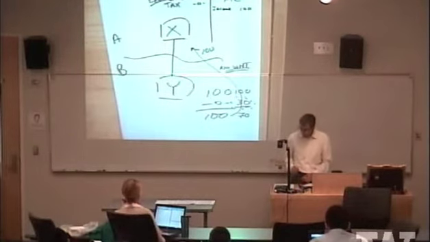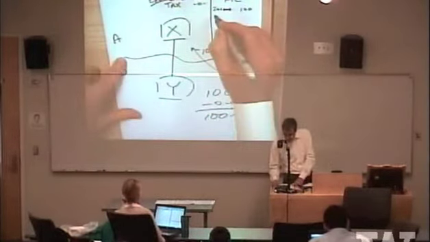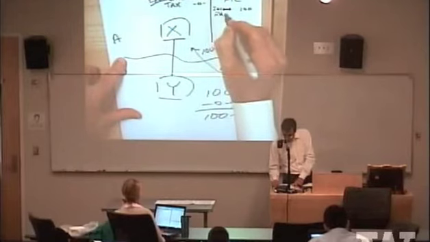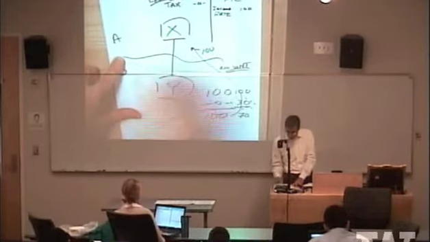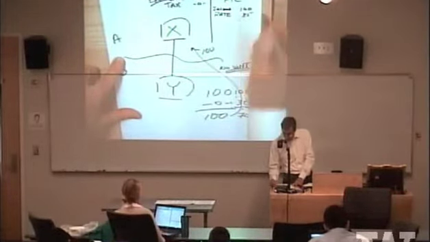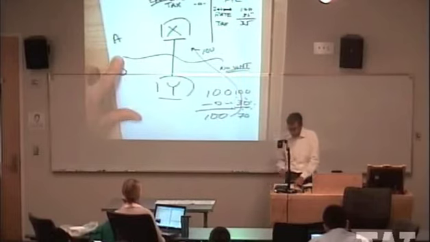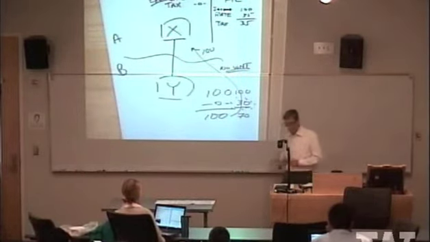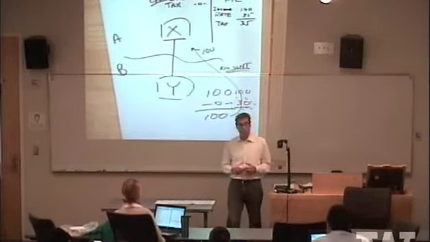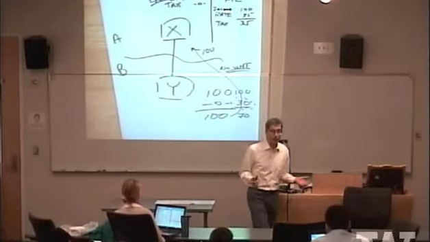Now let's say that our tax rate in country A is 35. So we get tax of 35. Country A grants a foreign tax credit.